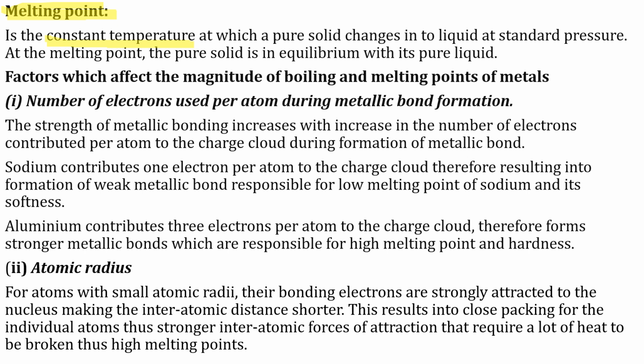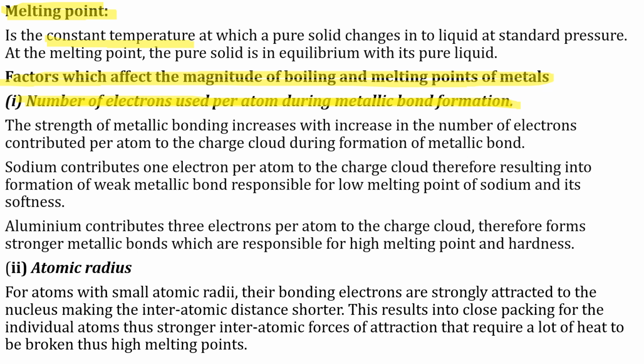Now, what are the factors affecting the magnitude of boiling or melting points? When you're explaining these two terms, boiling or melting points, you explain them the same way. In metals, we look at the number of electrons contributed per atom during metallic bonding. If you look at aluminium and magnesium, you look at the outermost configurations. Now, in this case, we are going to be using O level.